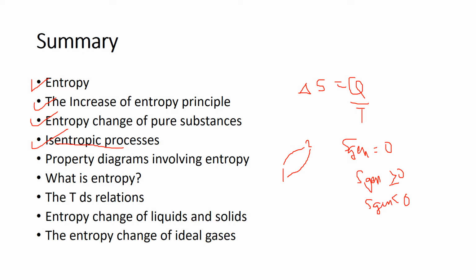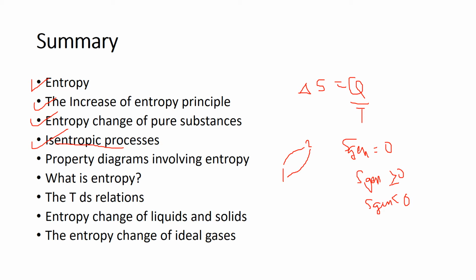Adiabatic means there is no heat transfer happening, so it's insulated, or heat is not transferring across the system boundaries. As well, the system should be internally reversible, so there are no irreversibilities. Only at this time do you have an isentropic process, in which entropy is constant.